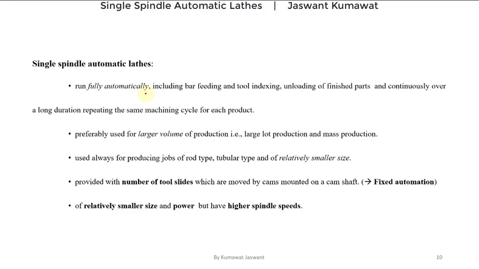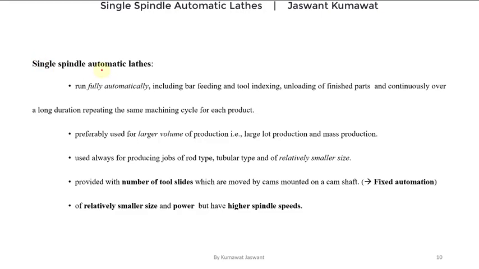Due to this, these lathes are preferably used for large volume production and mass production. Single spindle automatic lathes are always used for producing jobs of rod type, tubular type, or relatively smaller size.